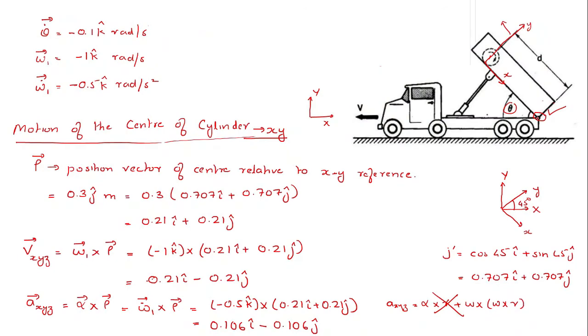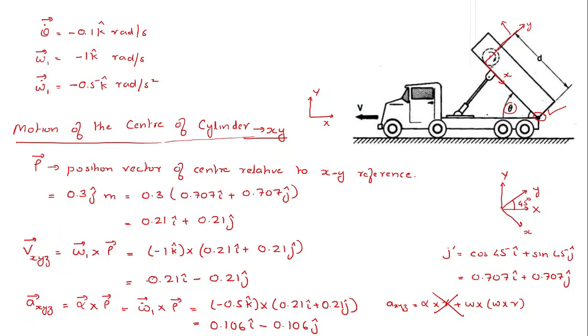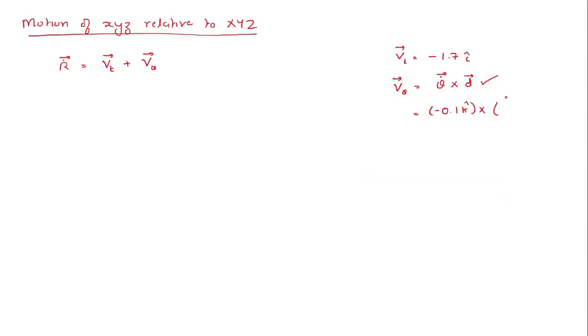This corresponding rotation here is what is expressed in this equation. So theta dot here will be equal to minus 0.1 k cap cross d vector. You can see that the xy reference frame with respect to this point will be in the negative x-axis. So I can write this as minus 5 into i dash.